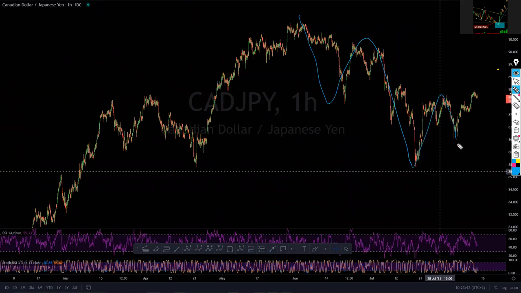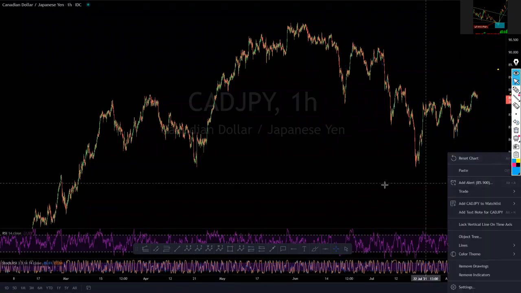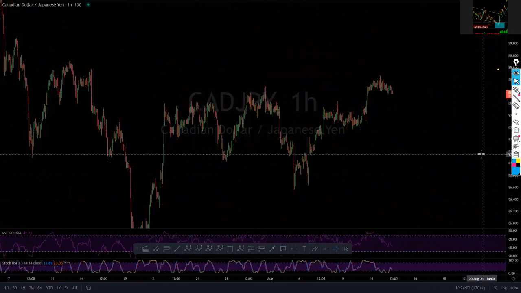We had a 1, a 2, and then another internal 1, 2. So a break above this, we'll be looking to take it to the upside. However, on CAD yen, we don't have the confirmation from the indicators as yet. So what are the probabilities here?